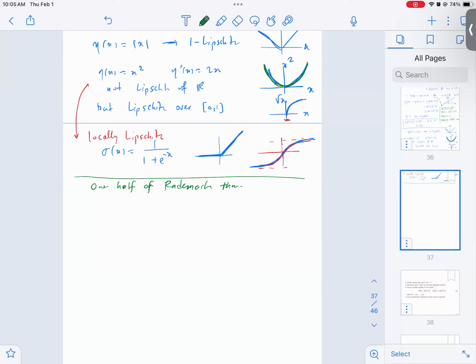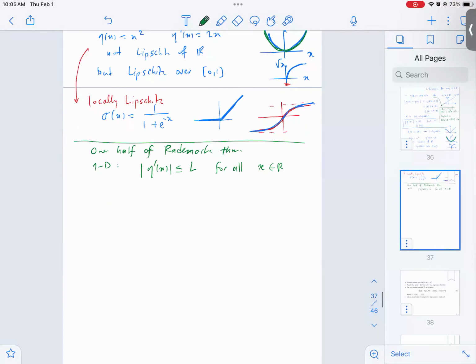It says that, let's say it's 1D, if eta prime of x is less than or equal to L for all x in the domain, whatever domain we have, let's say in R, then eta of x minus eta of z is bounded by L times the absolute value of x minus z.